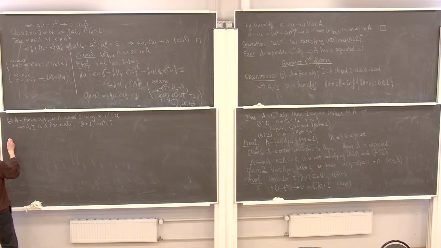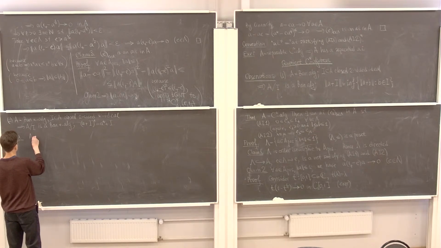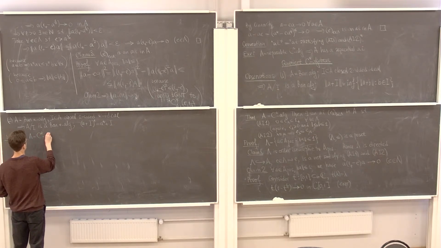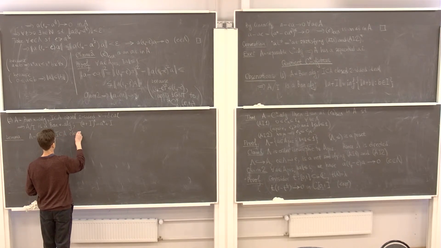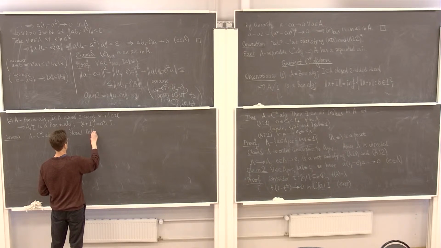To prove that the quotient of a C-star algebra is also a C-star algebra, we will need the following lemma. Suppose that A is a C-star algebra and I is a closed left ideal.